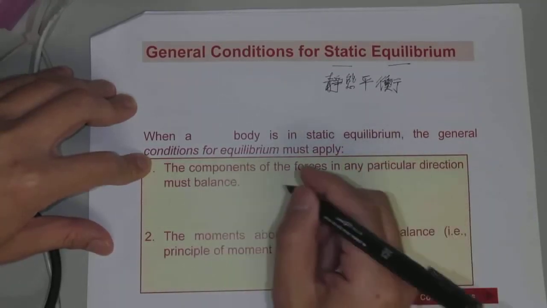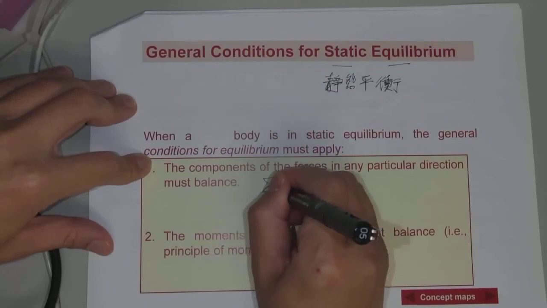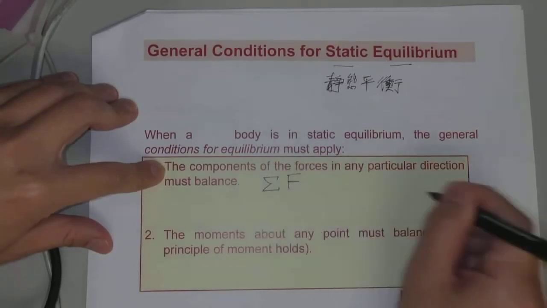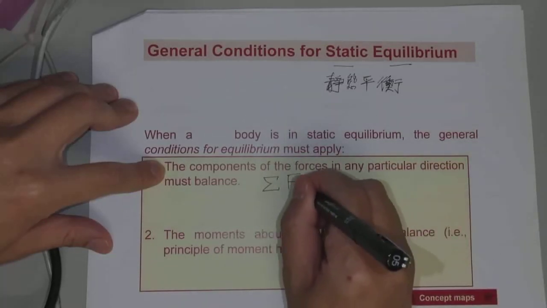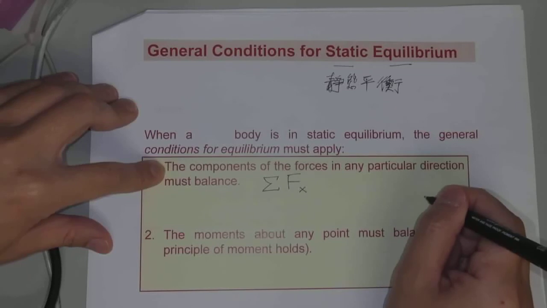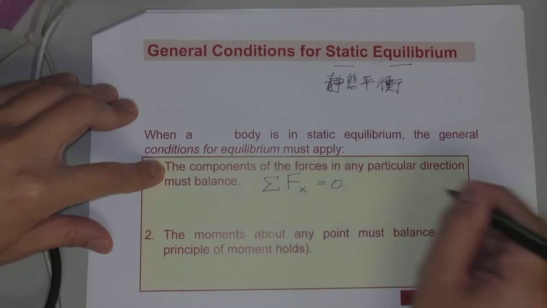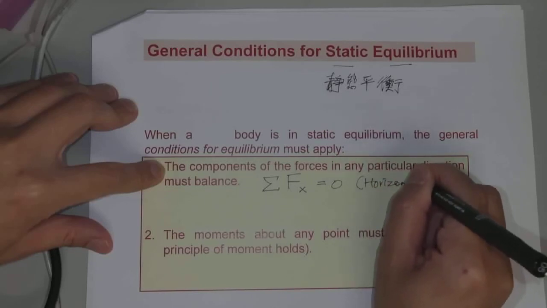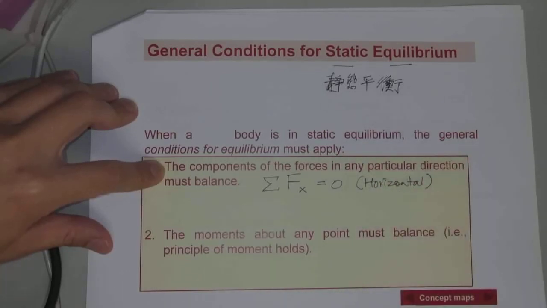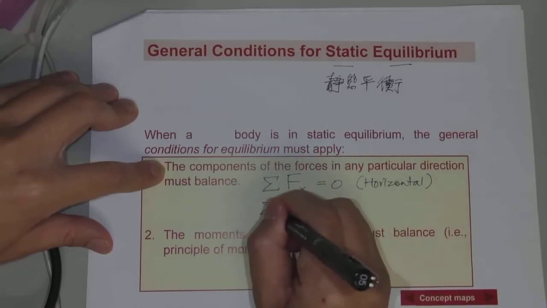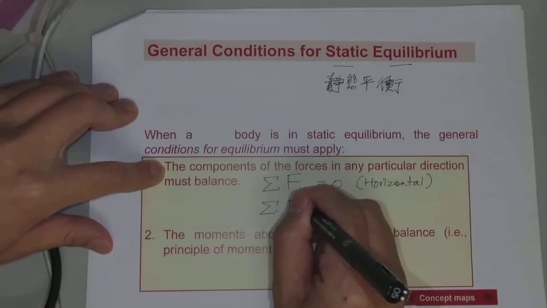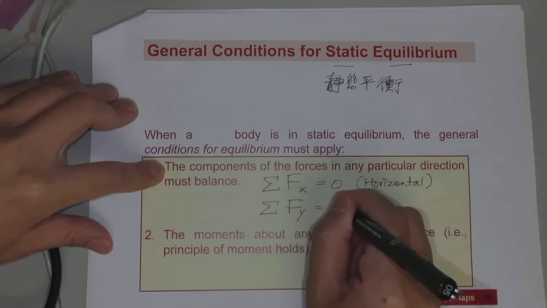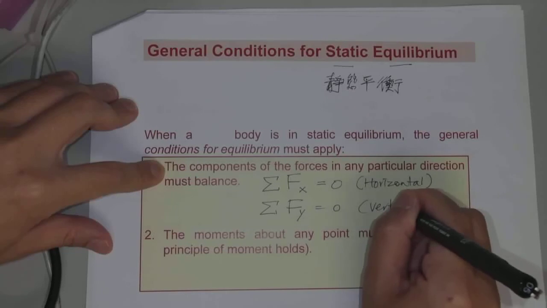We just write it with the sum symbol, sum of all forces in the x direction, that means horizontal, and sum of all forces in the vertical y direction.